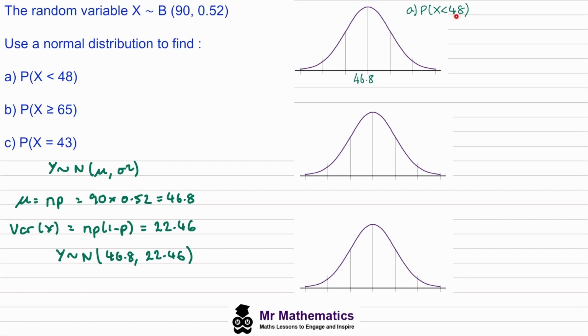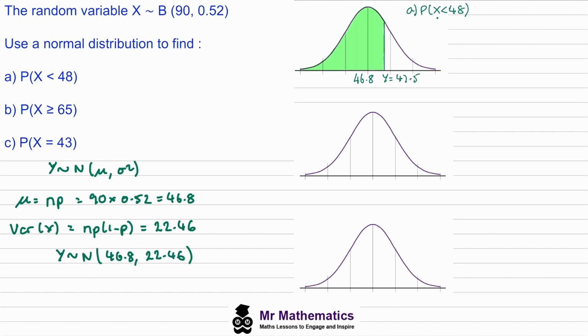And because this has to be less than 48, it means the greatest value that x could possibly be is 47. So to account for this, we need to work out the lower bound of this 48 when it's rounded to the nearest integer. So what we're looking for then is when y is equal to 47.5.